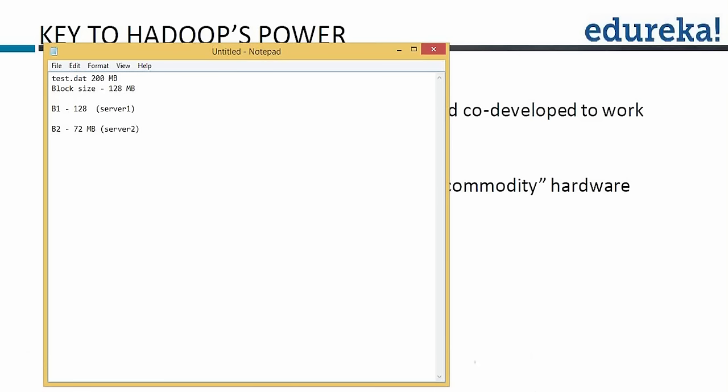Balakrishna says default block size is 64 MB. Sure, Balakrishna. Friends, in Hadoop 1, the default block size is 64 MB. In Hadoop 2, the default block size is 128 MB. Of course, this block size is not a sacrosanct field. It is configurable.